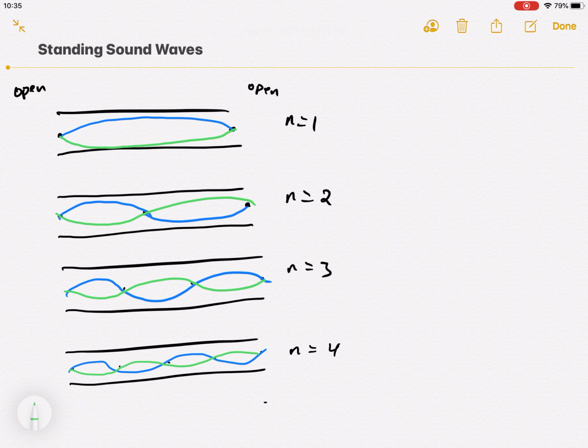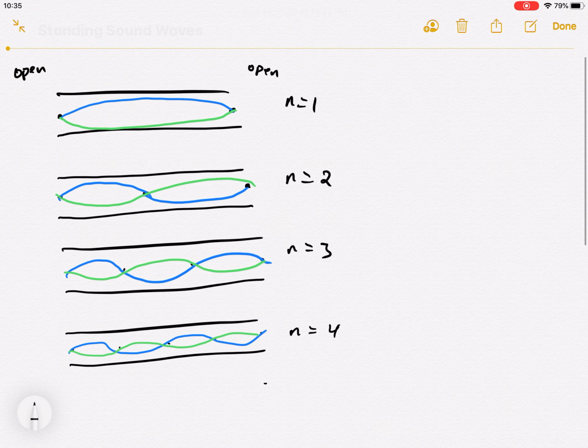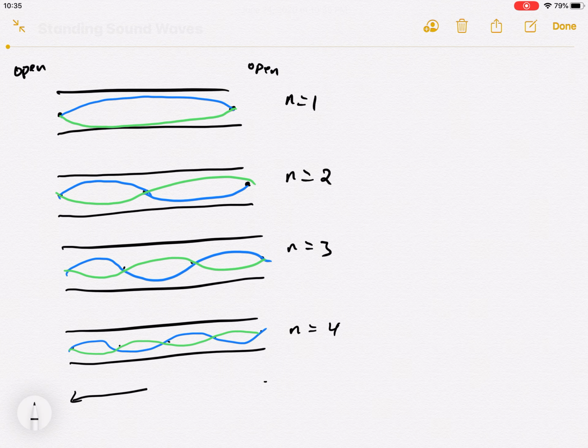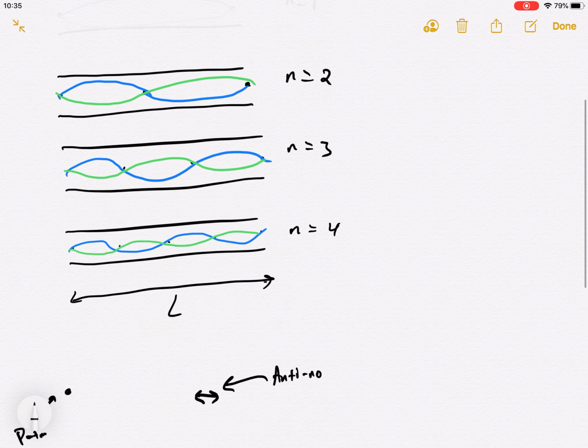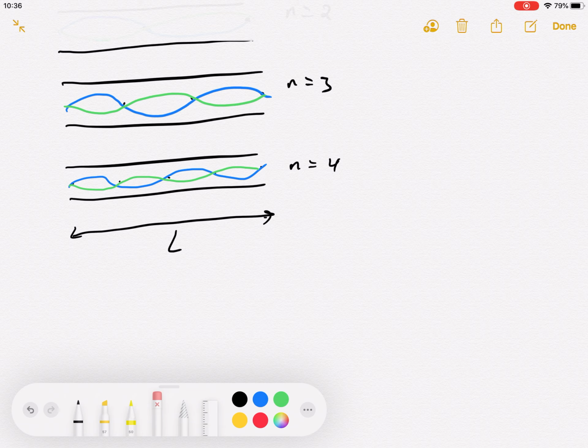I want to point out that this is exactly like what we saw for a standing wave on a string. These are exactly the pictures we drew for a standing wave on the string. So the math that we built up for that is identical to this. If this is a length L, I can relate wavelength and the length of this tube the same way.